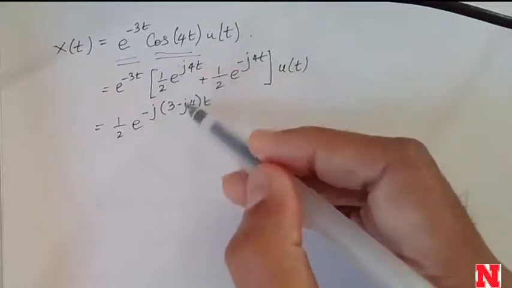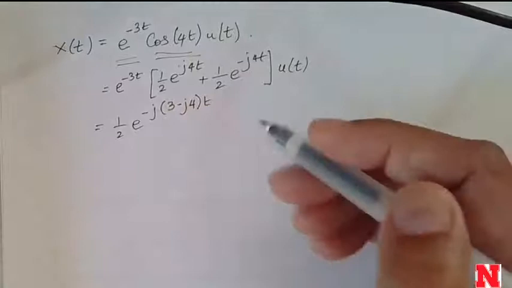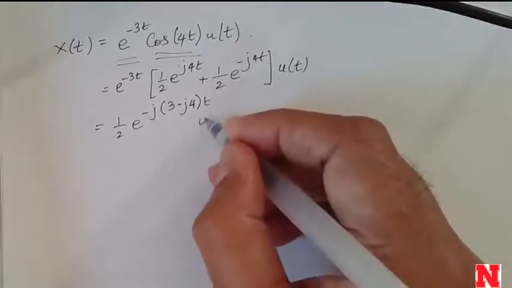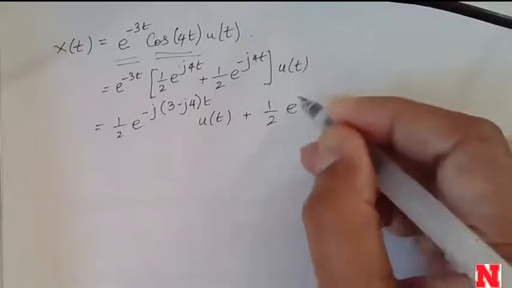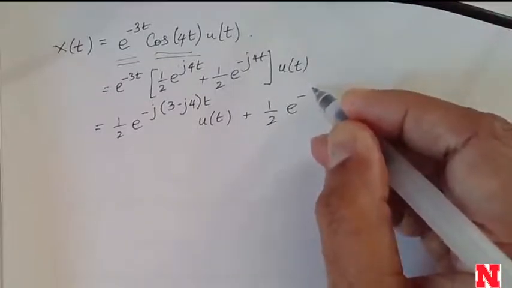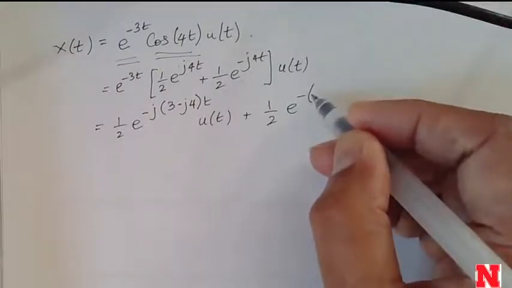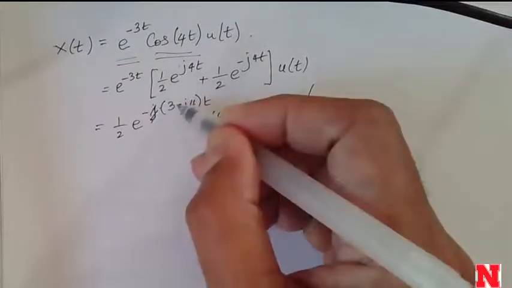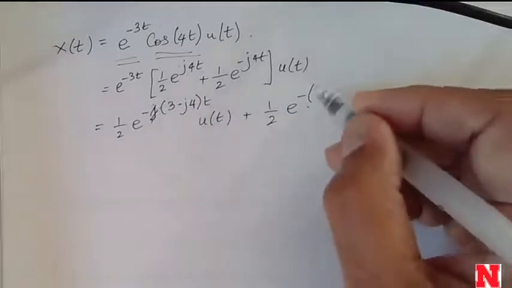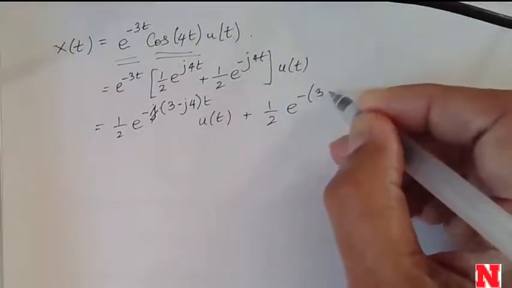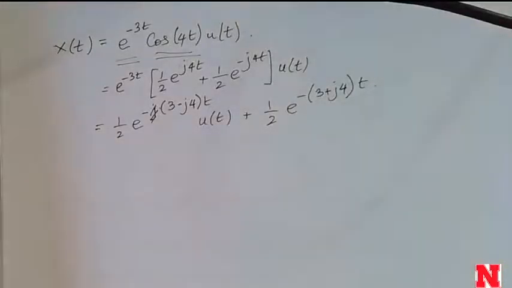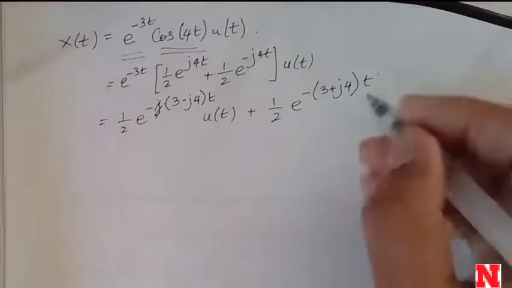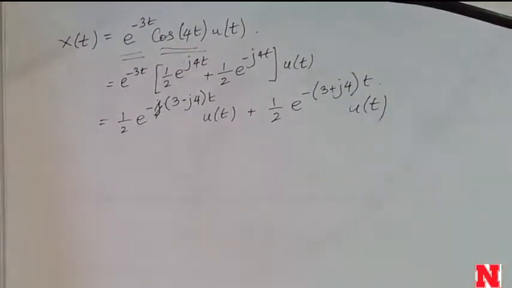I've got a positive here, minus here will make it positive, and the unit step, plus 1/2 e to the minus 3 minus j4 — there's no j — e to the minus 3 plus j4t. Okay, so again, I have complex exponentials.